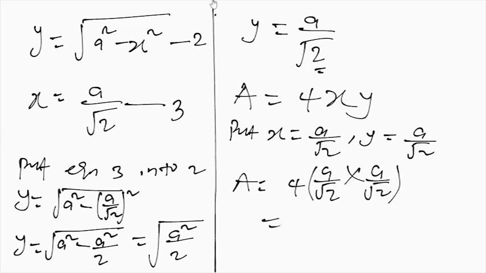So when you multiply this out, we have 4a squared divided by root 2 multiplied by root 2, which gives us 2. So 4 divided by 2 is 2. Therefore, the area of the largest rectangle is 2a squared square units.